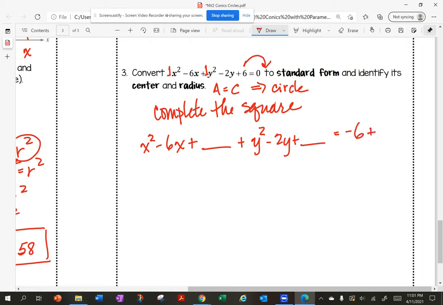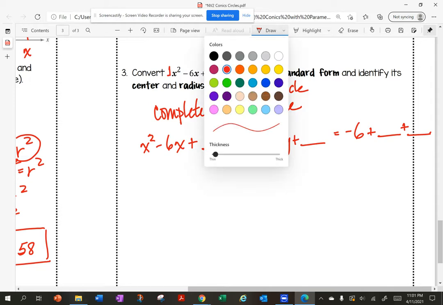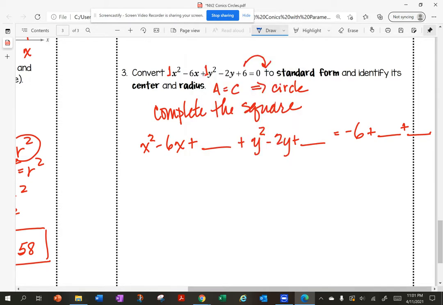And then for each of these 2 blanks, whatever I'm adding on the left, I'm going to also add on the right. Okay, so what I add to complete the square, I'm going to take half of my b value and square it. My b value for my x coordinate is 6.